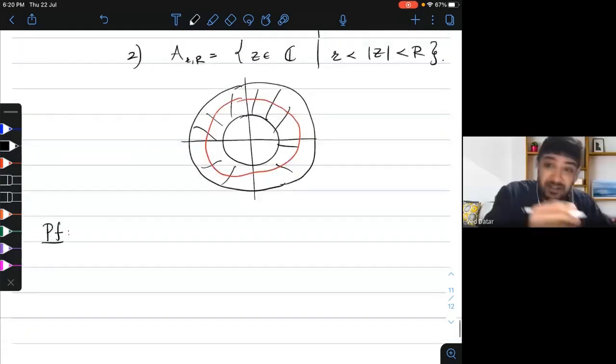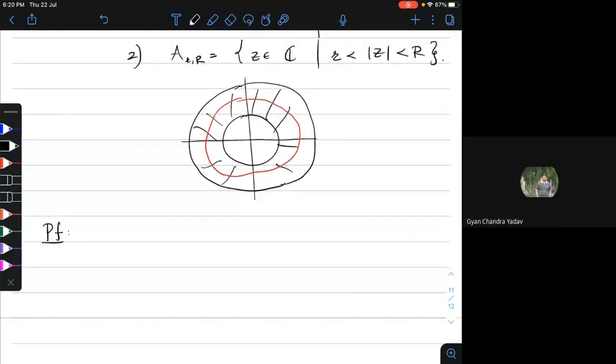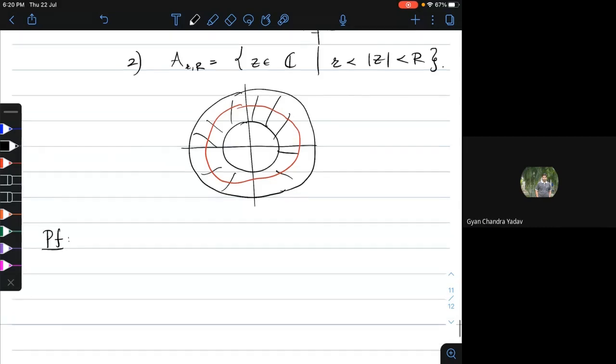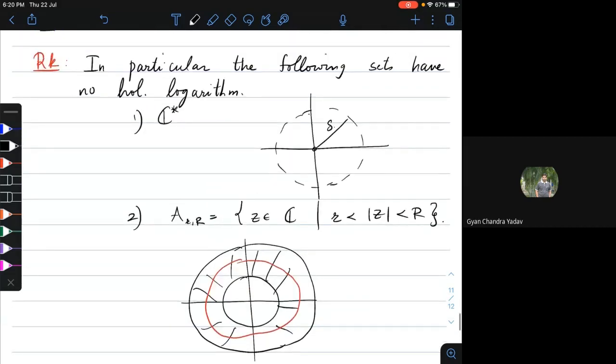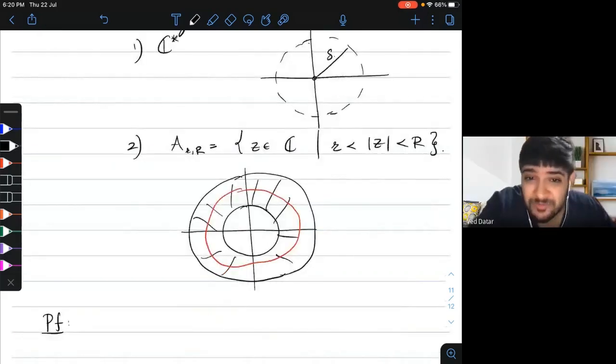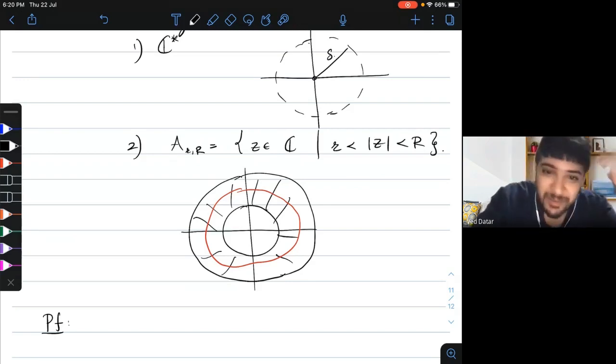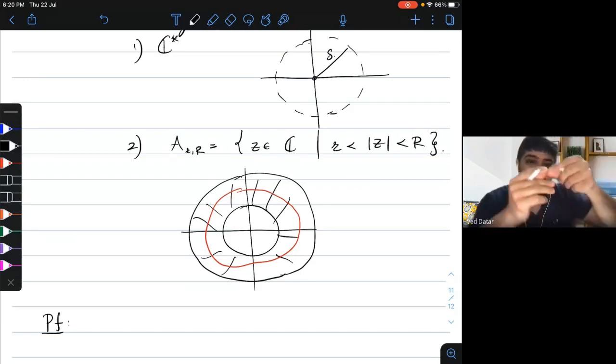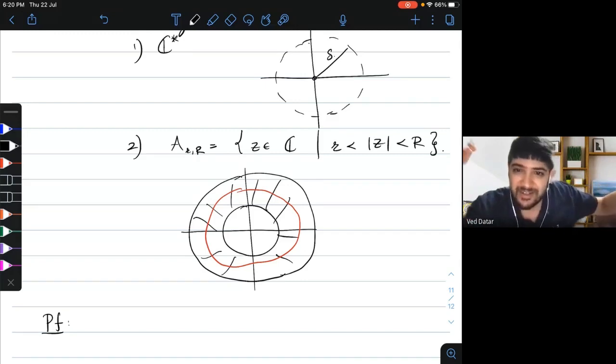Sir, I think that any curve around the origin cuts the negative real axis, and that is the reason why logarithm does not exist. Yeah, but how do you prove that? You have already constructed some examples of logarithm where you have this branch cut, right?